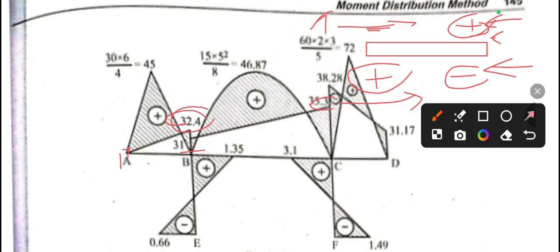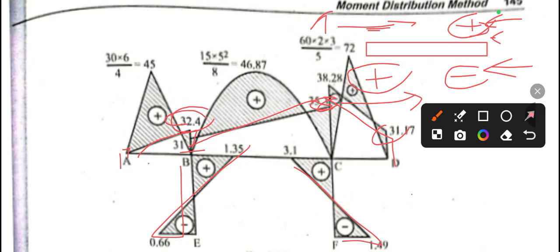So from B to C, and this value is C to B. C to B is a positive value, so this is written over here. Similarly we have 31.17 from D to C, this is also positive, so we have written it over, and we have to just join all the points. Similarly for this portion also we have to just join.